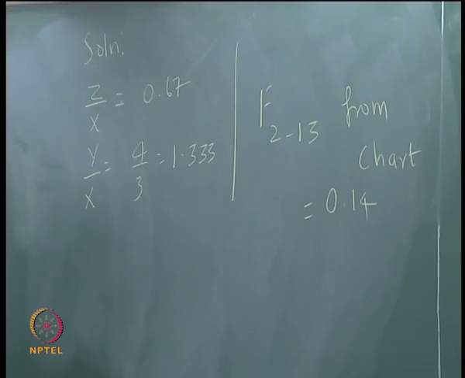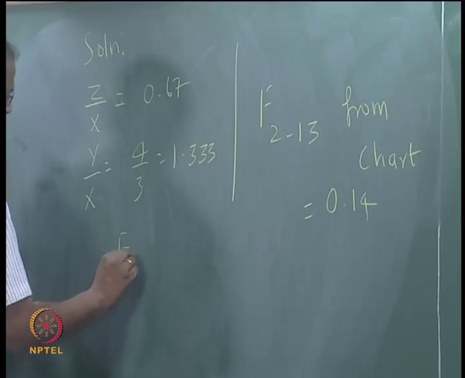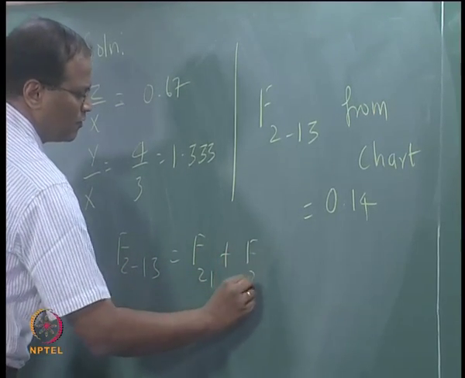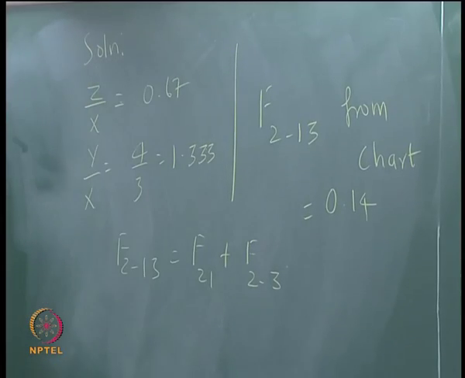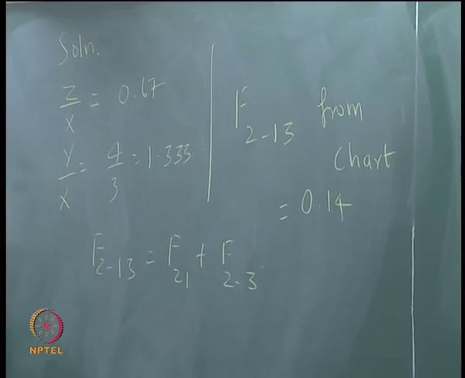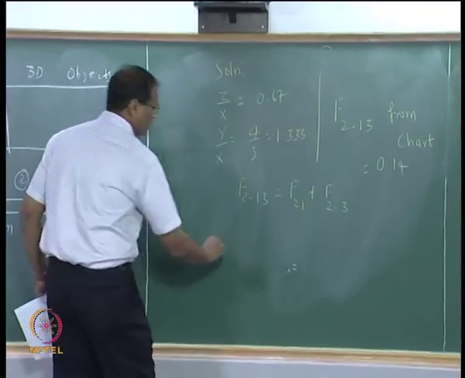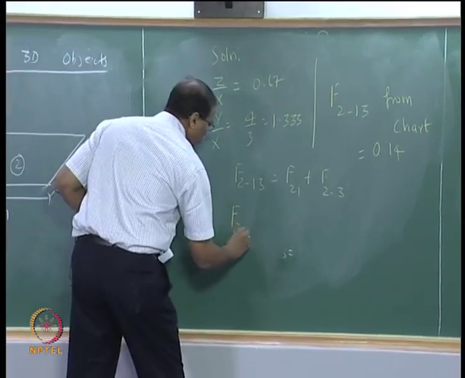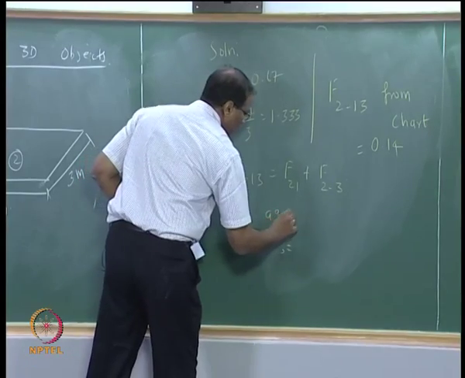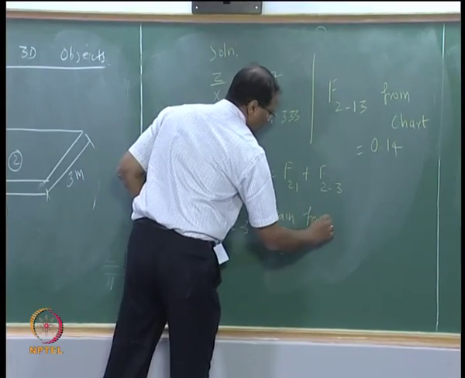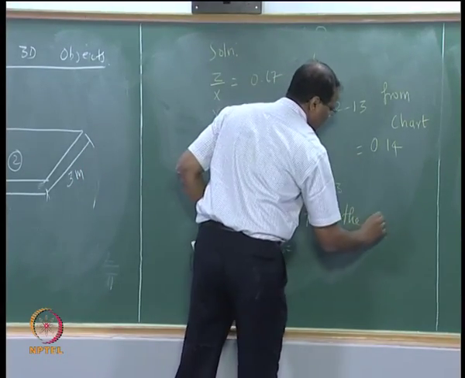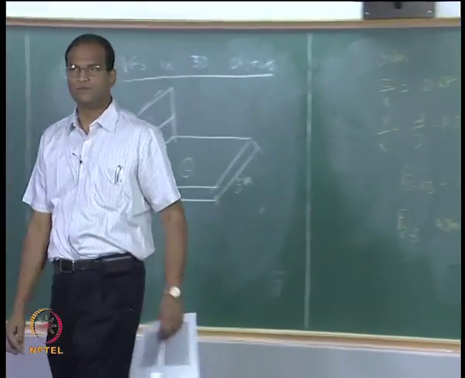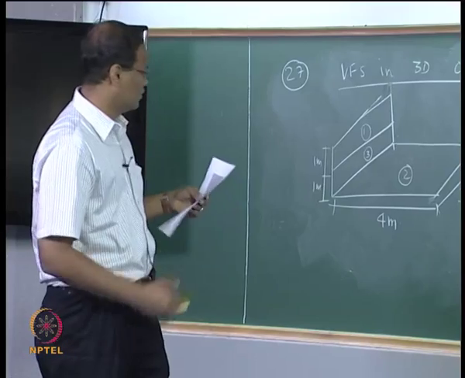Now we know the decomposition rule. F21 again from the chart, correct? Sorry, F2 to 3. Yeah, for F2 to 3, what is the story now?